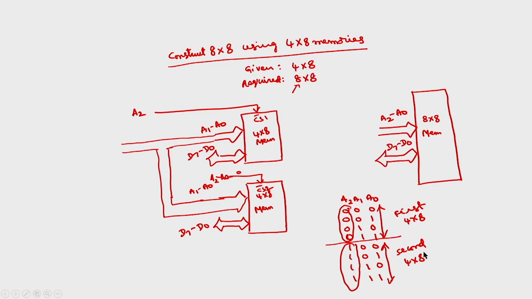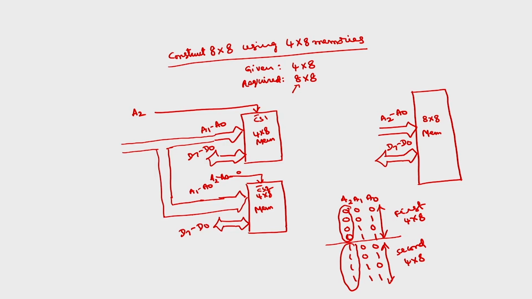Within the first 4 by 8 memory, how do we select the 4 different locations? Again A1, A0 we have to change. 0 0 means first location, 0 1 means second location, 1 0 means third location, 1 1 means fourth location. Similarly, in the second 4 by 8, A1 A0 being 0 0 selects the first location, 0 1 the second location, 1 0 the third location, and 1 1 the last location.